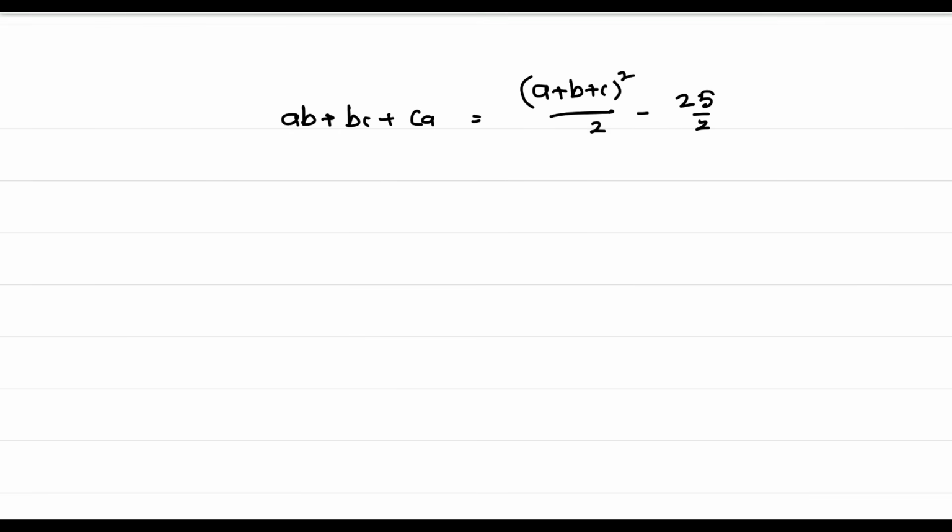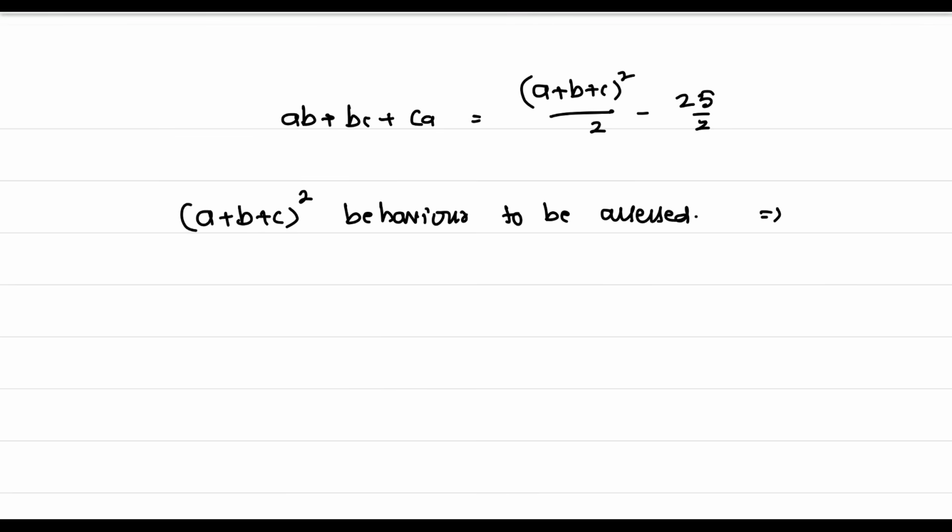Here, the behavior of (a plus b plus c) whole square has to be assessed, to find the range of this expression. If we take only real numbers, then (a plus b plus c) whole square will always be either equal to 0 or greater than 0.